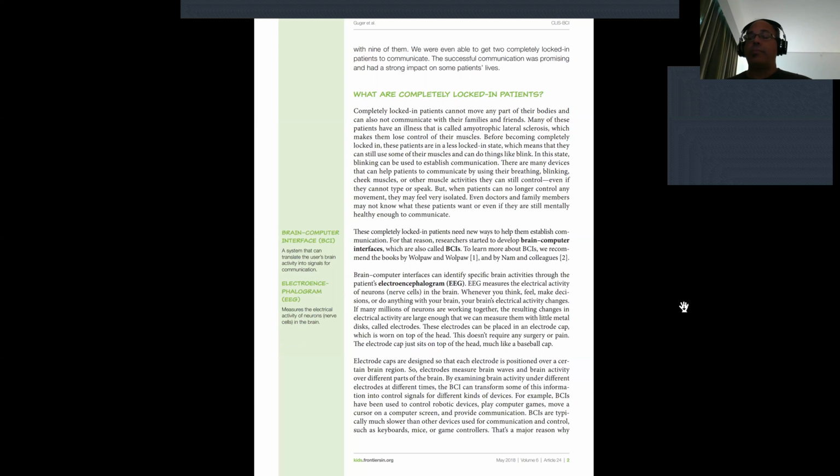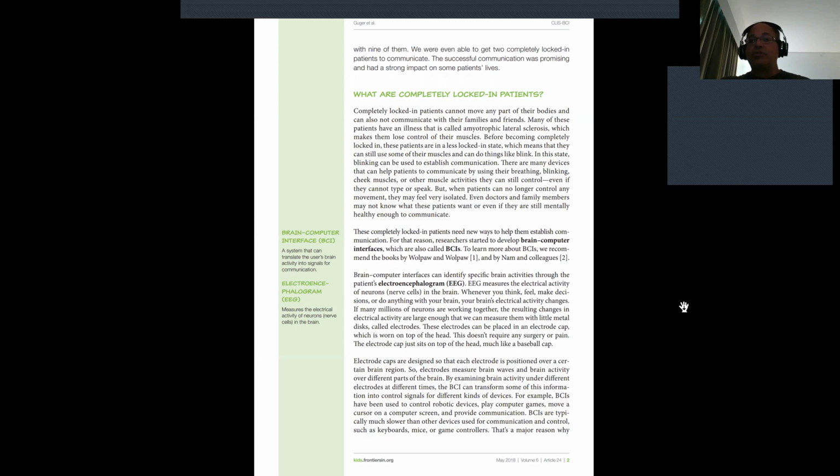And so for such patients, a brain-computer interface, or a BCI, might be the only practical way to communicate. And you can also use BCI-like technology, similar systems, to assess these patients to determine whether or not they're actually awake. Are they able to understand you? Are they able to respond, and so on?